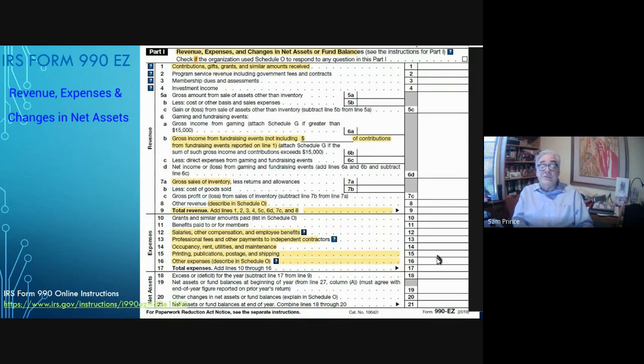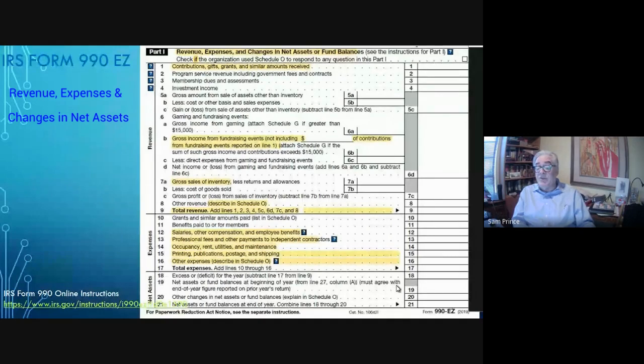Then any other expenses that you have, which you would describe on a form that the IRS calls Schedule O, is line 16. And then you would simply take, the excess or deficit of the year, where you would take line 17 and subtract it from line 9, that would give you your net revenue.